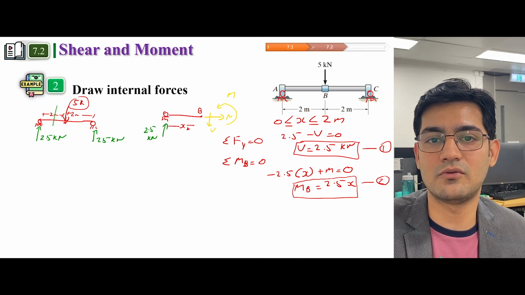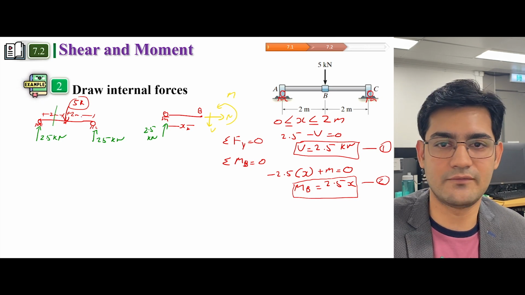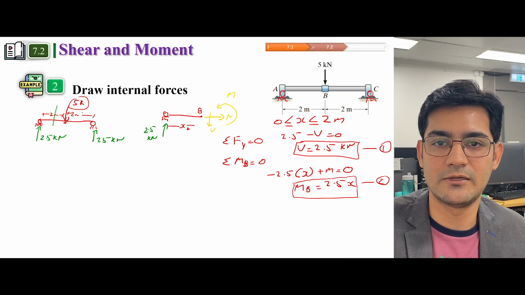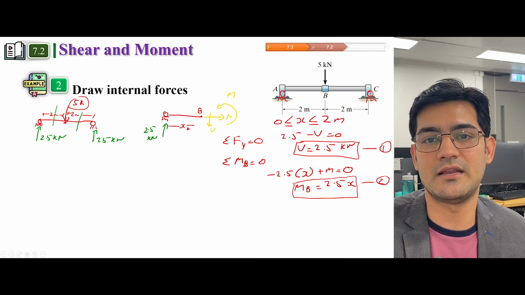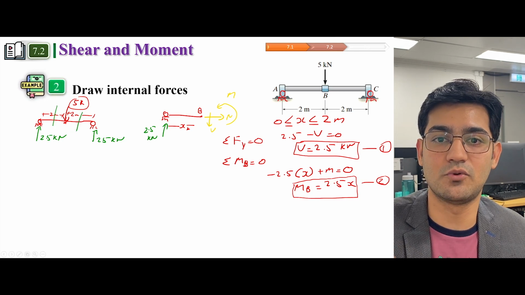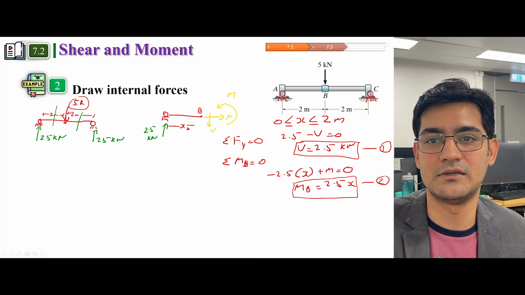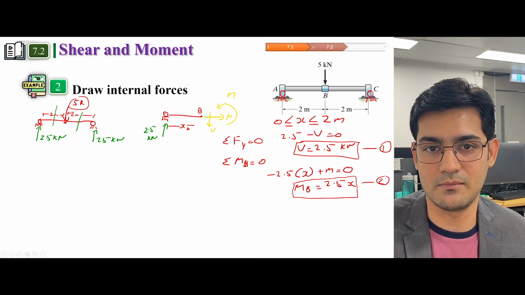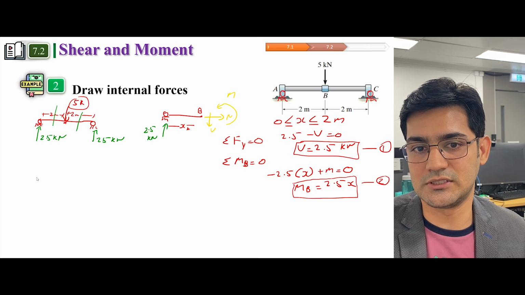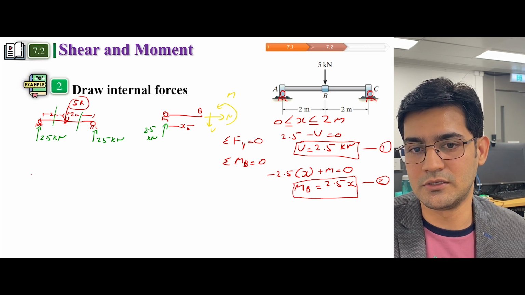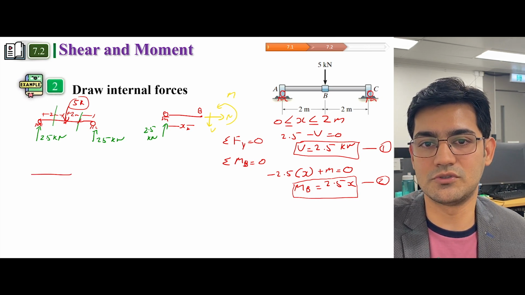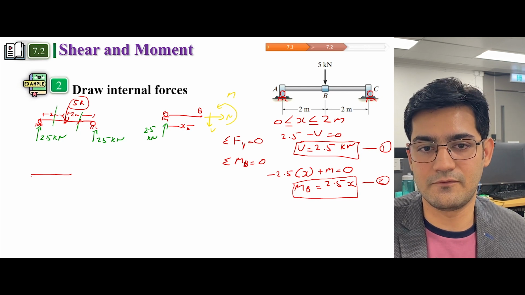Now, what about after 2 meter? You have to repeat the procedure the same way. Take a section and expose the internal forces, and after you expose them, you can calculate the internal forces by applying equilibrium equations. So this is what we're going to do here. Let's say I expose the section from here.